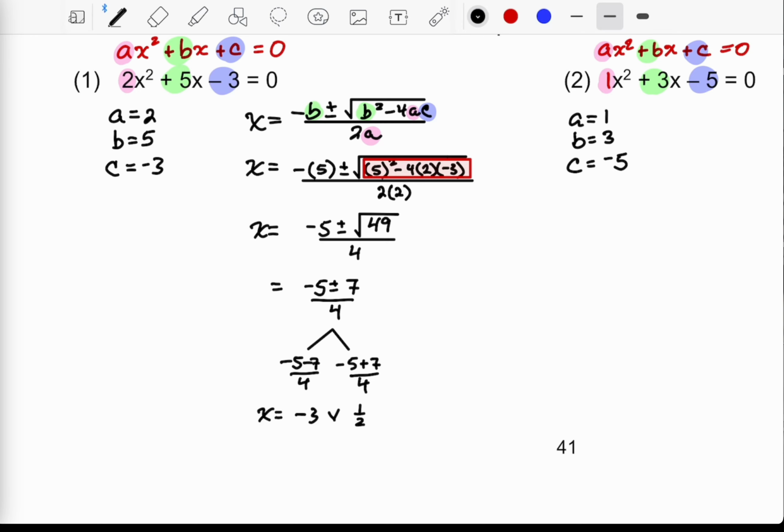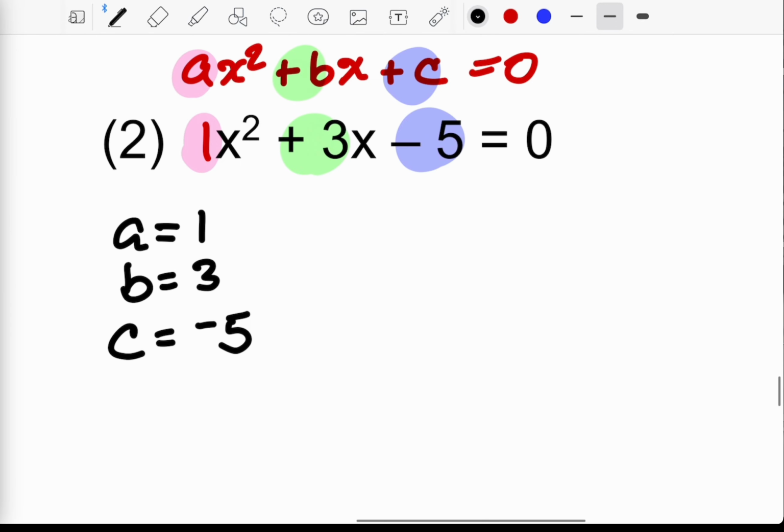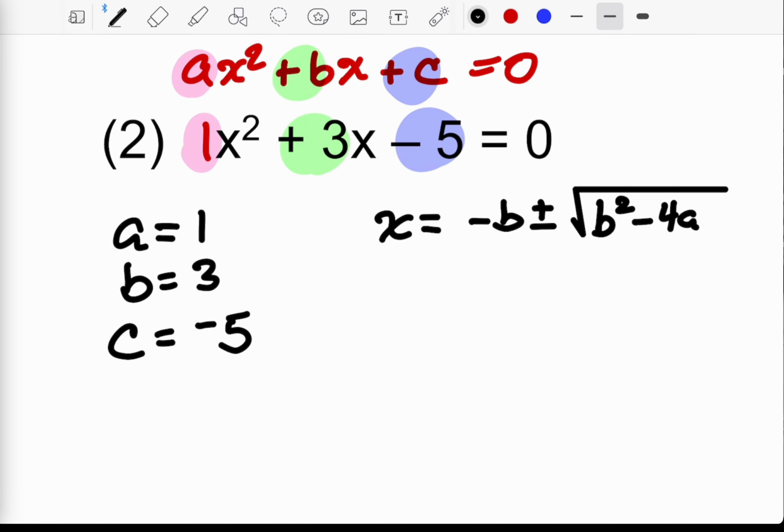It's not a big deal. But if you don't give me this, and I have to sift through the quadratic formula, I might not be able to figure out where you went wrong, and it might cost you more points. So it's really in everybody's benefit. So x is equal to negative b plus or minus the square root of b squared minus 4ac all over 2a.